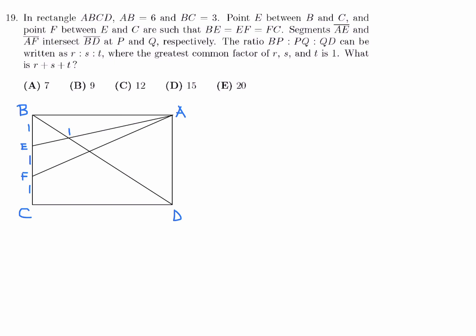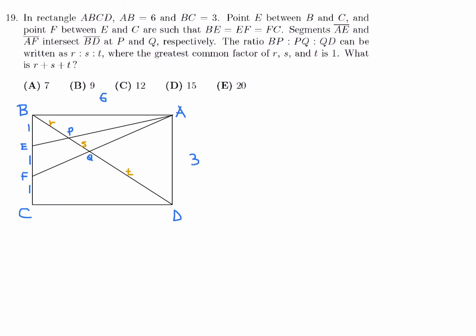Then they tell me that this is P, this point, and that's Q, and then they are finally telling me that this is R, this is S, and this is T. And I think that pretty much completes the labeling. And then one final thing, of course, that this whole side is 3 and this whole side is 6.